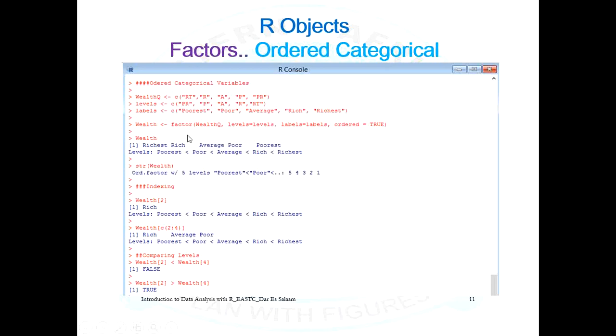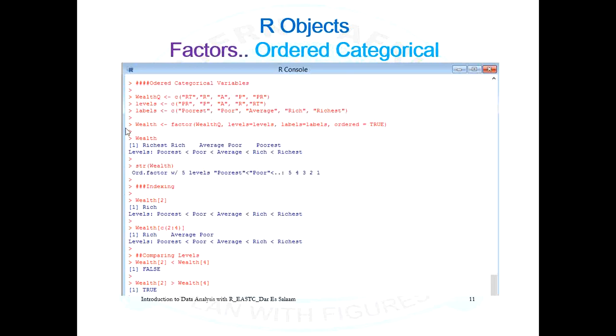Levels, then it will be from poorest, poor, average, rich, and richest, depending on how you have given the levels right here.